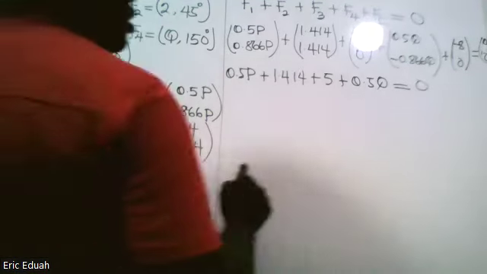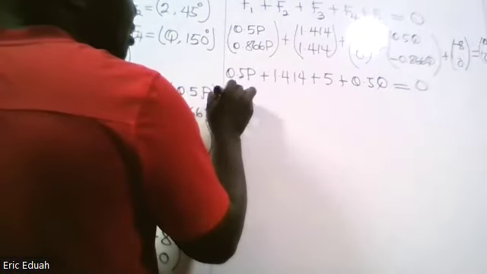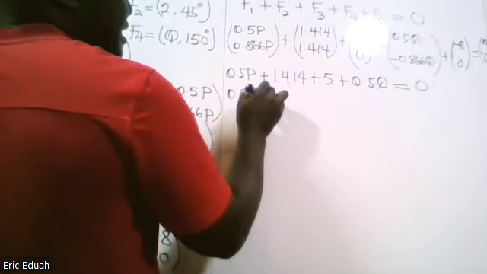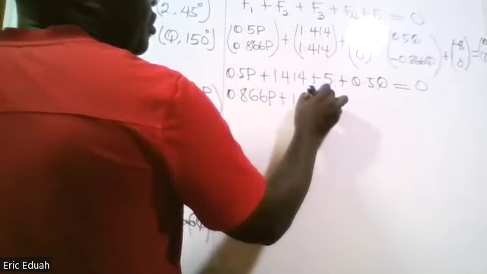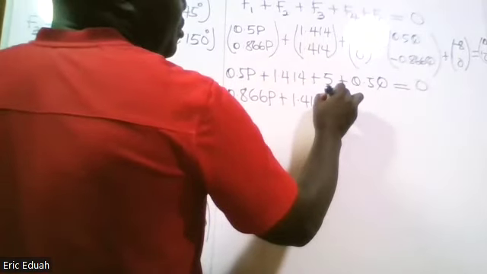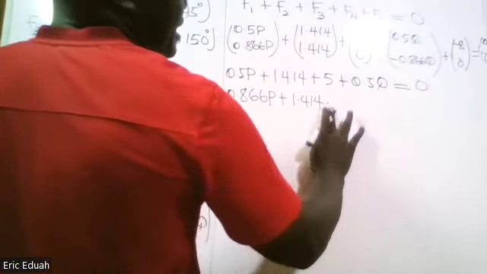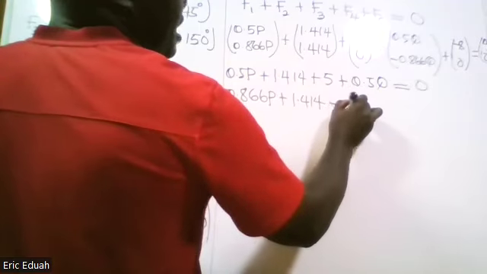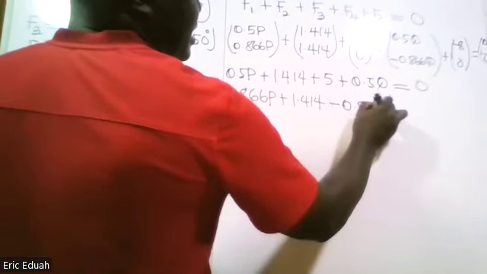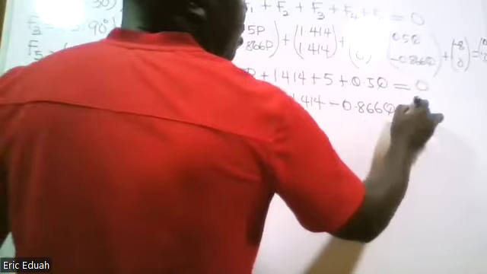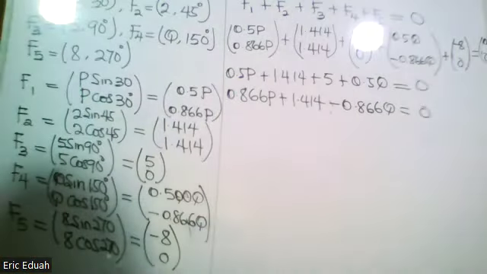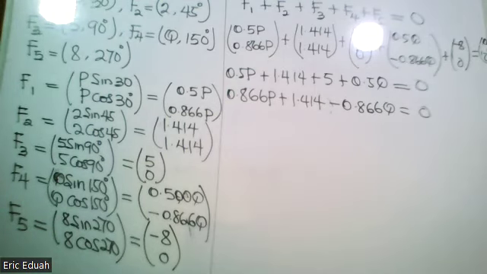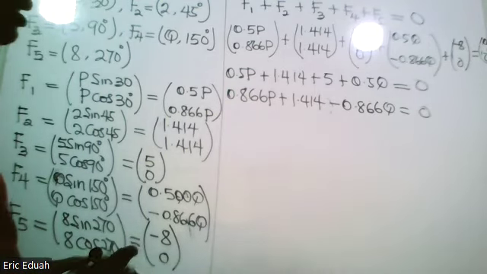Then you sum up all the y's: 0.866 P plus 1.414 plus 0 minus 0.866 Q also equals a coordinate of 0. So add like terms.